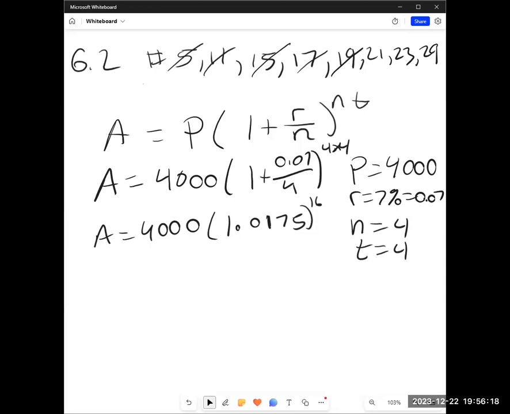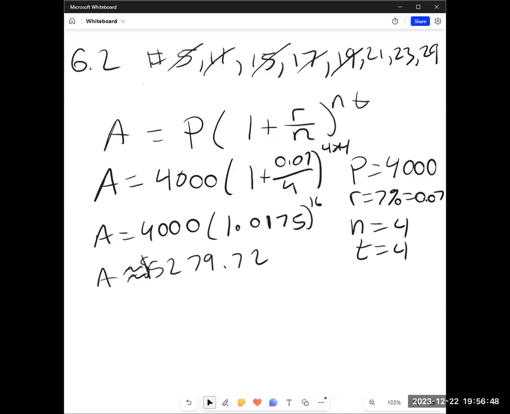Yes, that to the 16th power, that times 4,000 is going to be 5279.72 when I round it to the nearest cent, which is probably what they ask us to do here. Yeah, round to the nearest hundredth, which is the nearest cent.